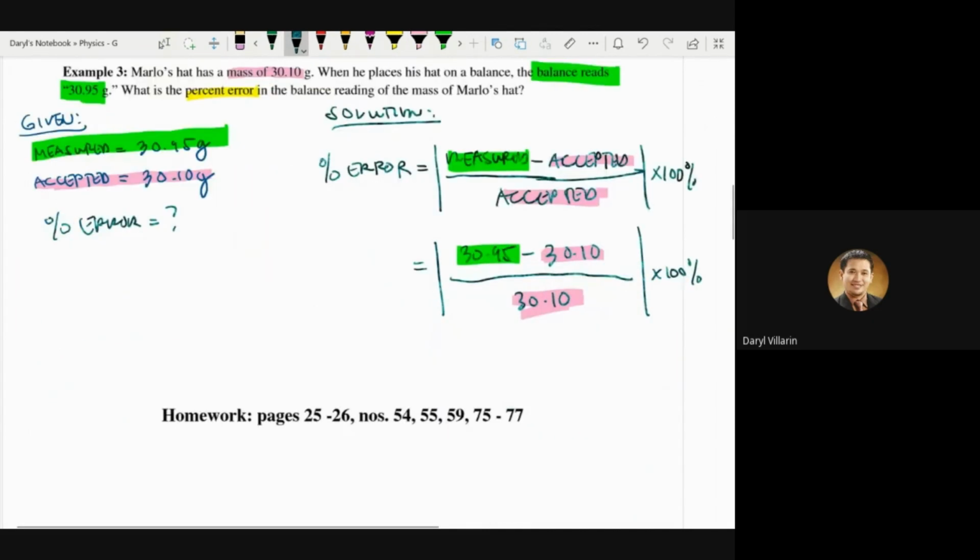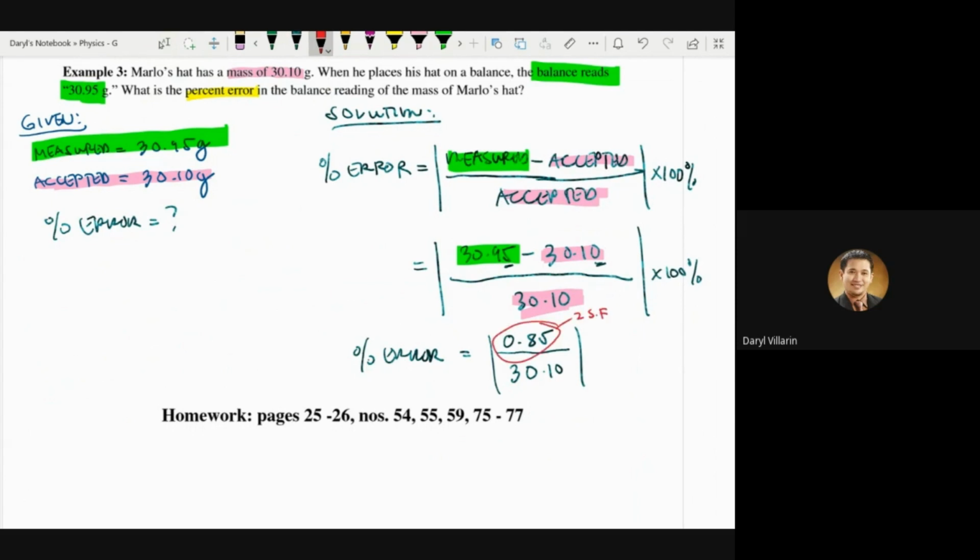So the percent error, therefore, if I take note of the correct sig figs, the numerator involves subtraction. So that means I'm going to be cutting off up to the hundredths place, because I'm subtracting. And then after subtracting, this is now division. So in division, remember that you need to take note of the significant figures.